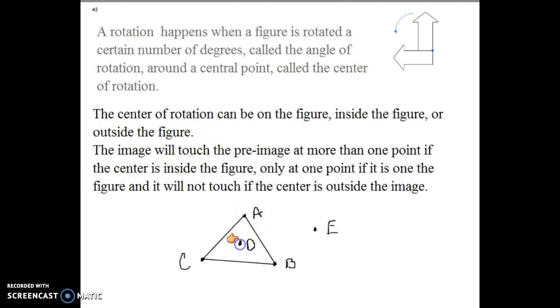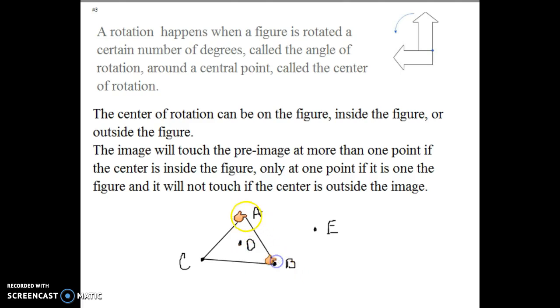So let's talk about that. Let's say this triangle, that I'm going to turn it about this point right here. Think of that as my center, and I'm going to turn this around. I'm going to touch this figure many times, right? So I'm going to touch the pre-image many times if I'm turning about a point inside the figure.